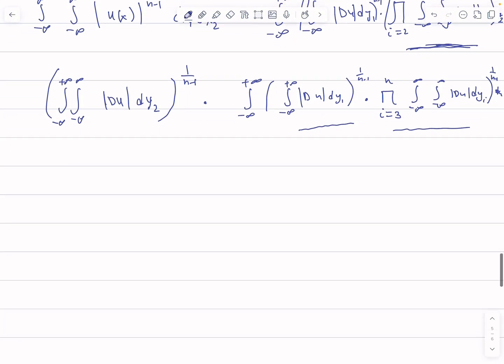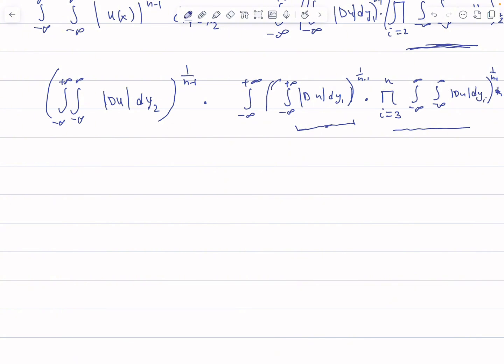Again, we have to use the generalized Holder inequality with the same idea, because we have the first integral with power 1 over n minus 1. This is W1, and this product of n minus 2 will be W2, W3, up to Wn.